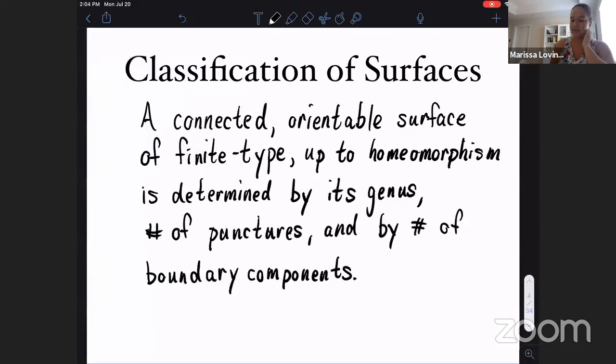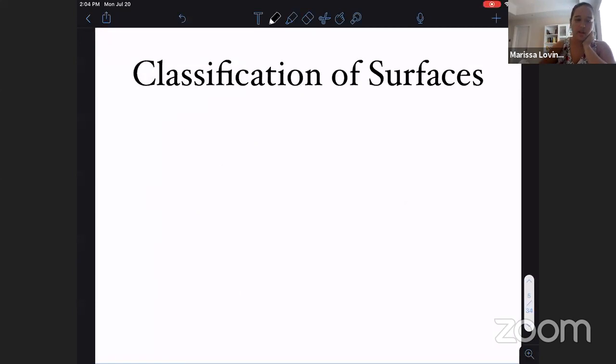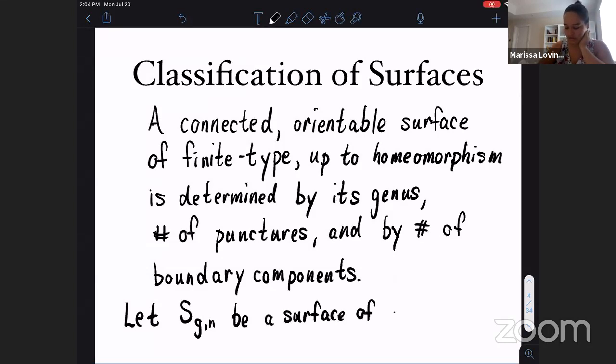Okay, so this is good, and this allows me to set some clear notation. Maybe I actually will do it here so I don't need to change the page quite yet. So throughout the talk, I'm just going to let S_{g,n} be a surface of genus g with n punctures.